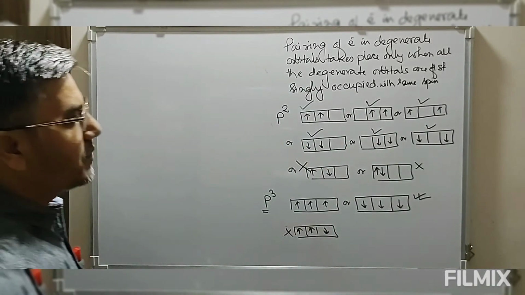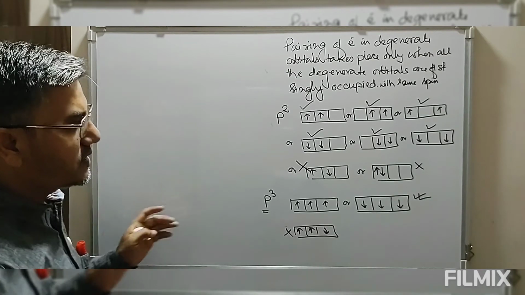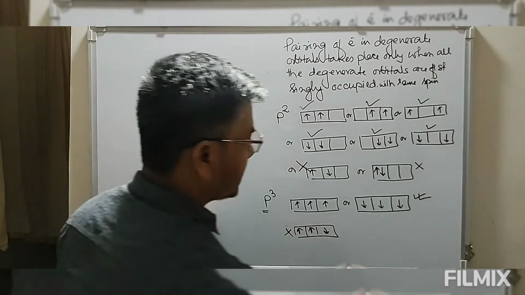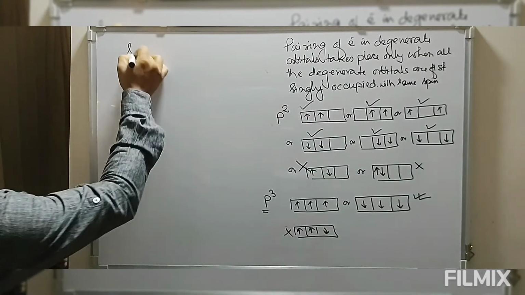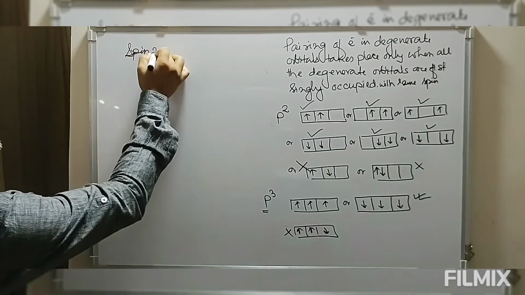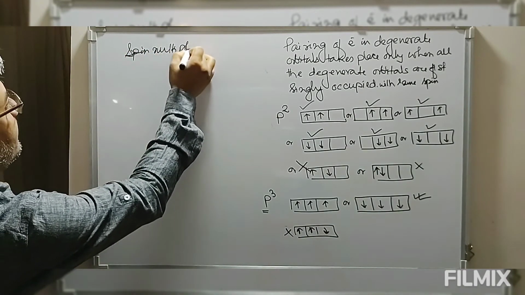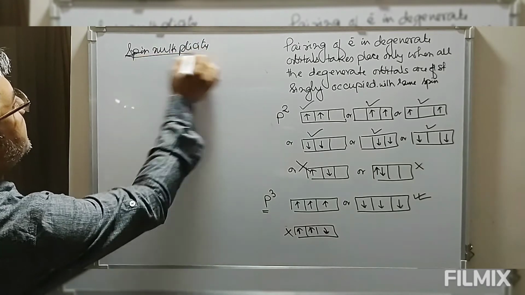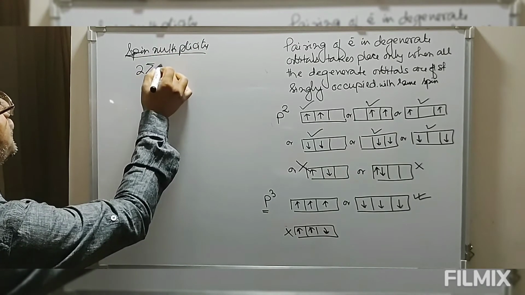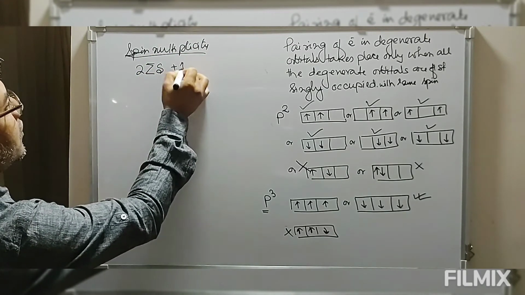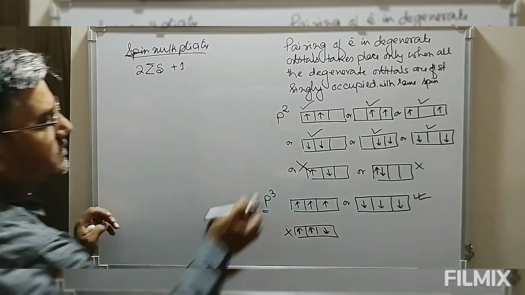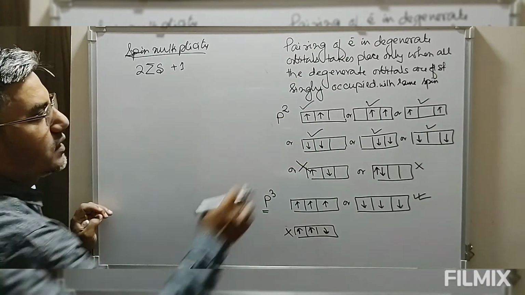Now we have defined this particular term, spin multiplicity. Spin multiplicity is 2 times the summation of spin quantum numbers plus 1. Suppose we take P2, this one.